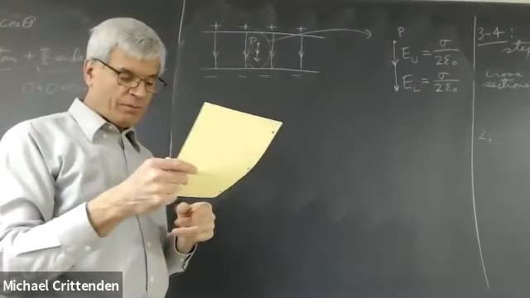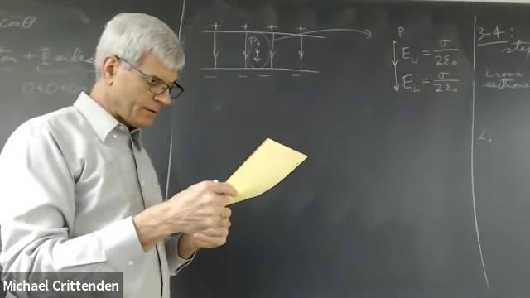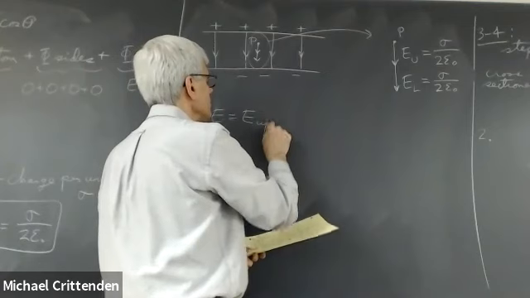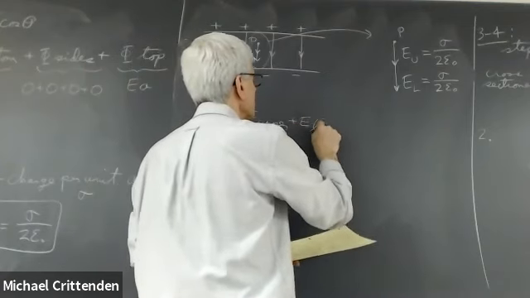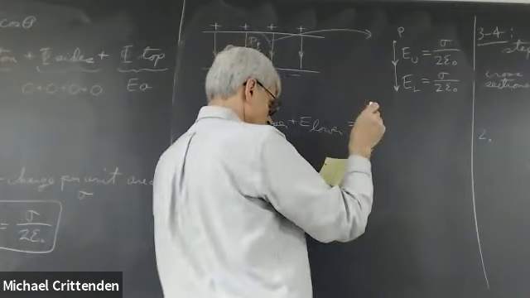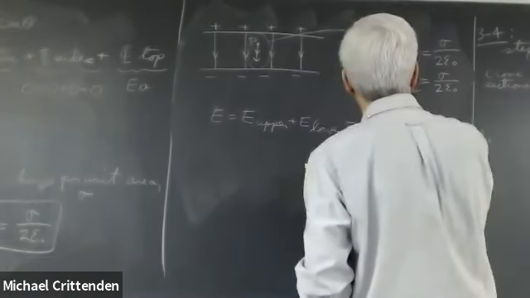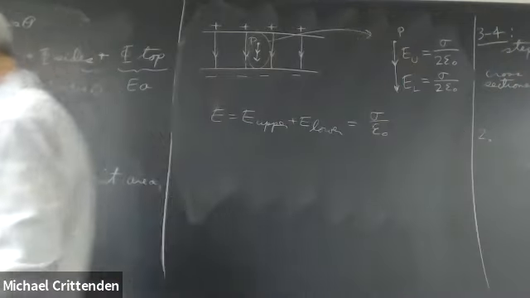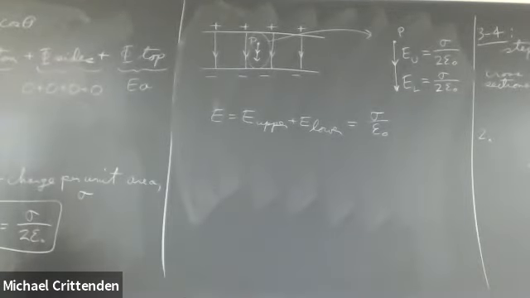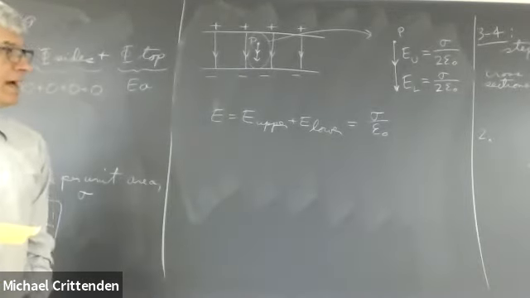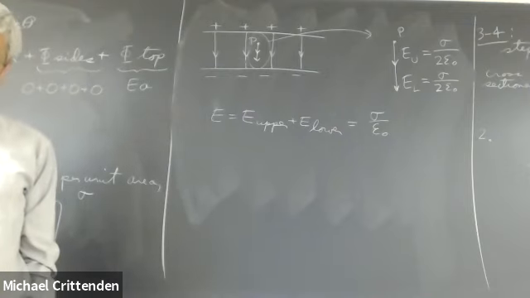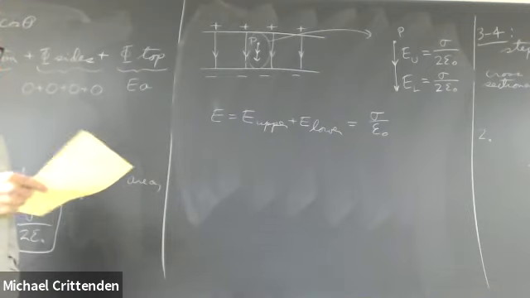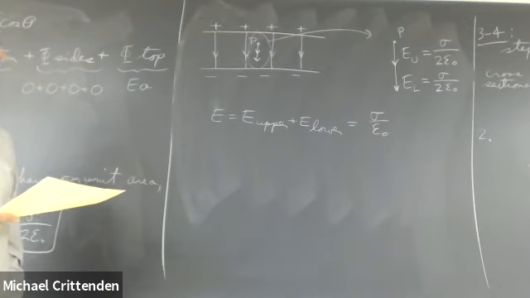So when you apply the superposition principle and add them together, ½ sigma over epsilon naught plus ½ sigma over epsilon naught equals 1 times sigma over epsilon naught.